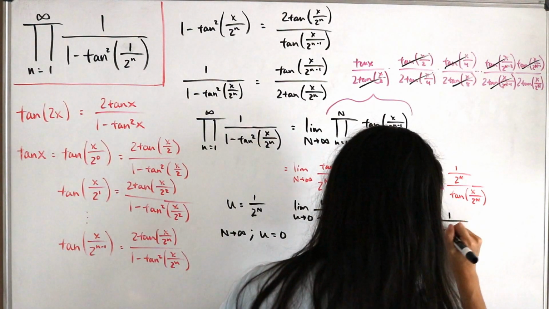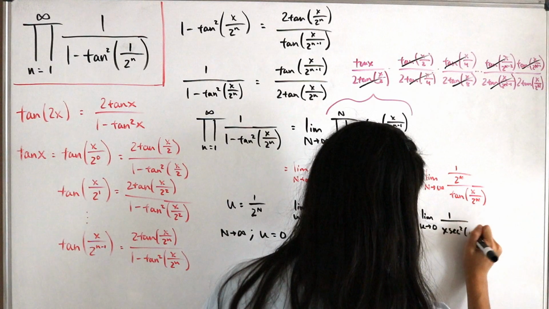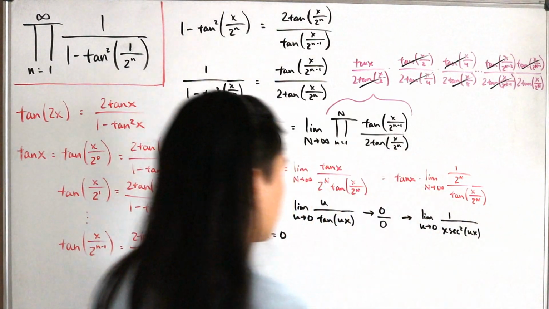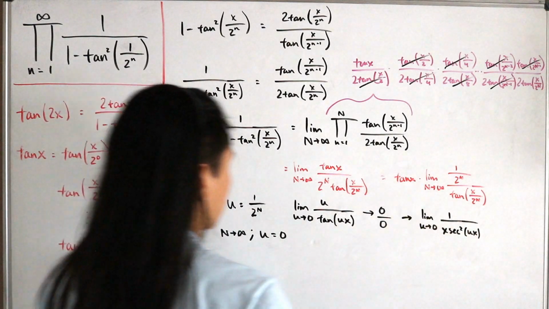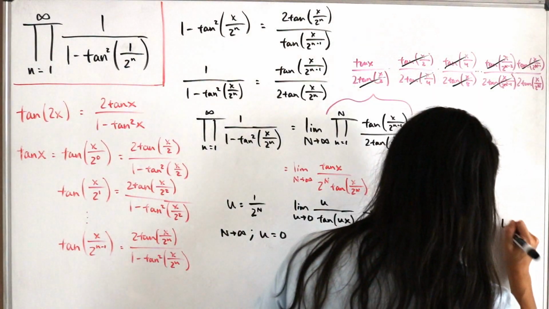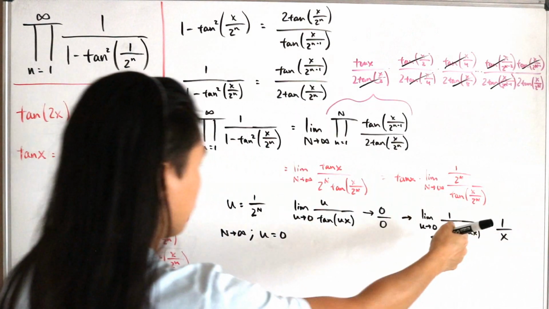Keep that in mind. So I have x times secant squared of u times x, and as u approaches 0, all this is actually just going to approach 1 divided by x.